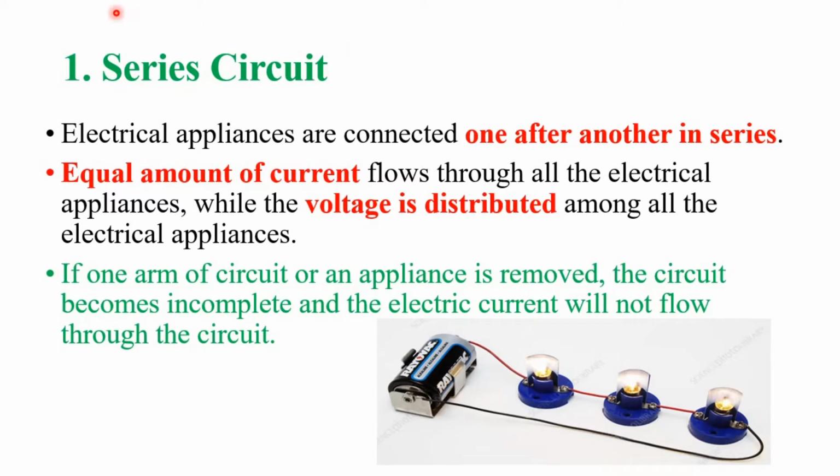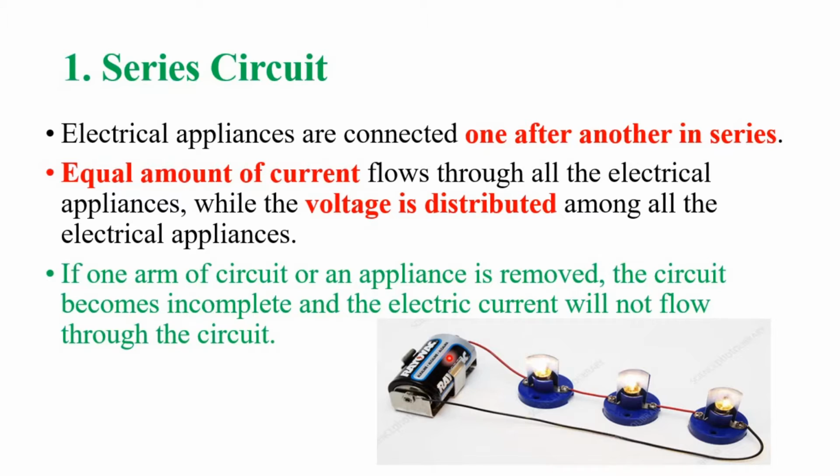The first type of circuit is the series circuit. In a series circuit, we have the electrical appliances connected one after another in series like this. An example is given here. These three bulbs are connected one after another in series.